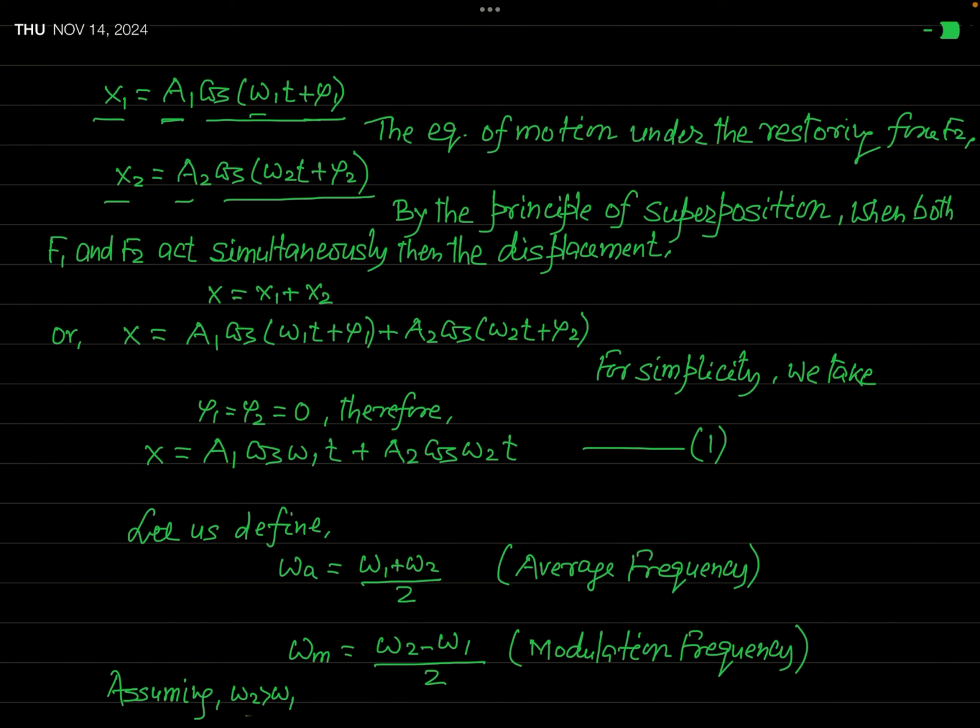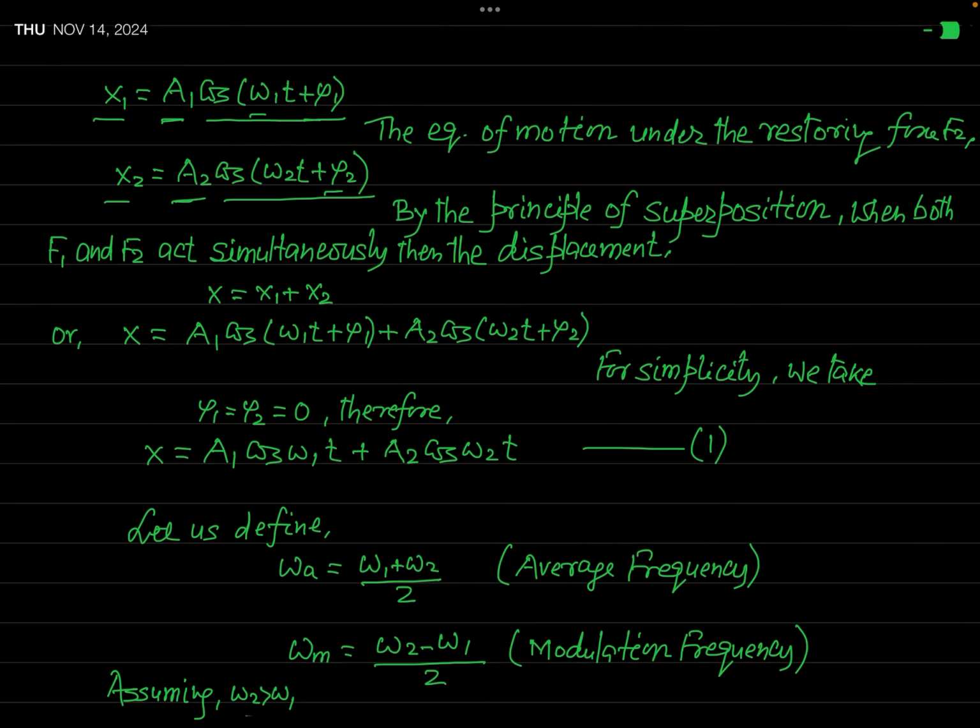Here a2 is the amplitude of this second oscillation, omega 2 is its angular frequency, and phi 2 is the initial phase or phase constant of the oscillation taking place under the restoring force F2.